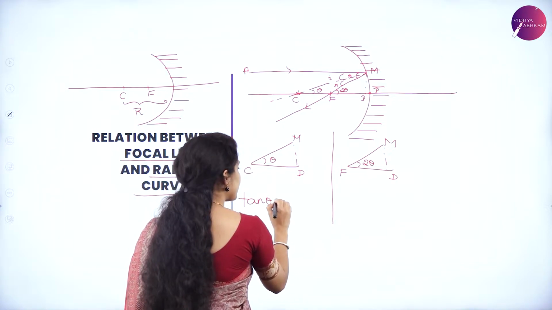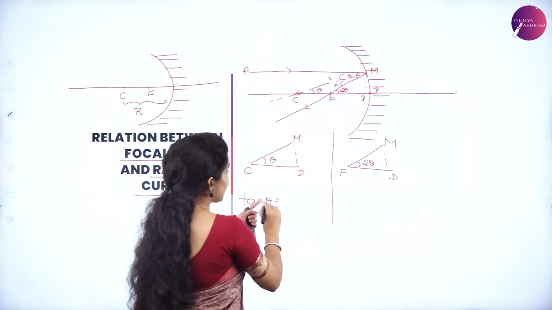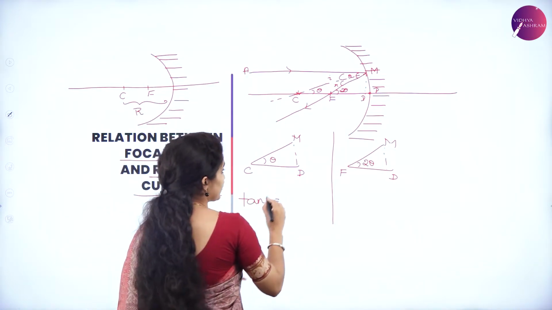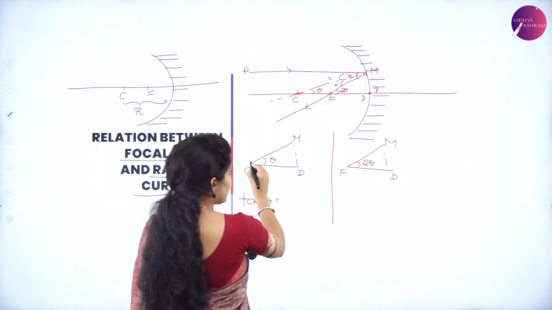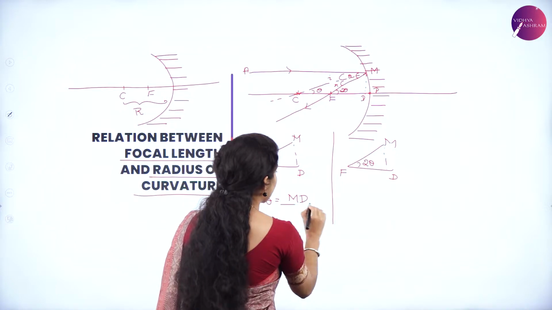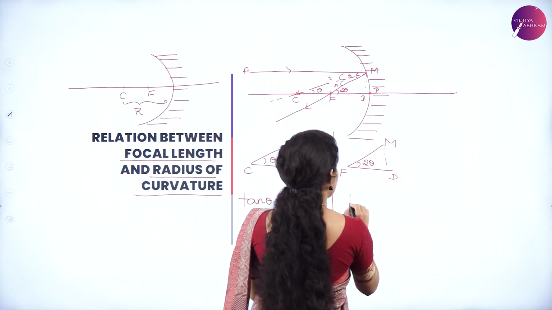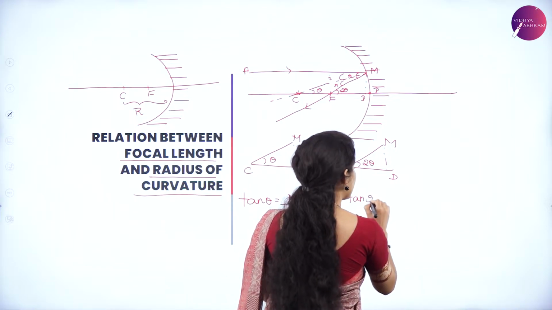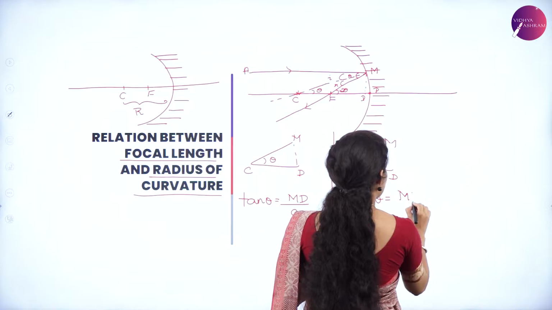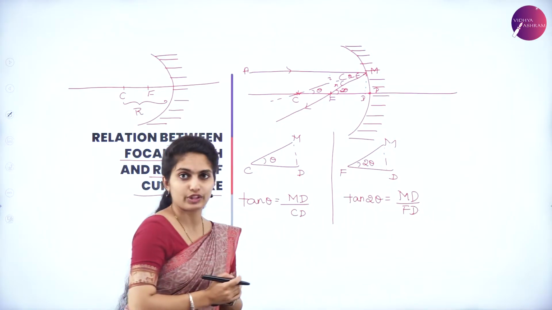So tan theta is nothing but opposite by adjacent. This is the hypotenuse, opposite, adjacent. So tan theta is MD divided by CD. Again, over here tan 2 theta is equal to MD divided by FD. So we have this set of equations.